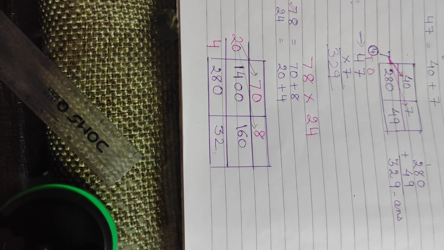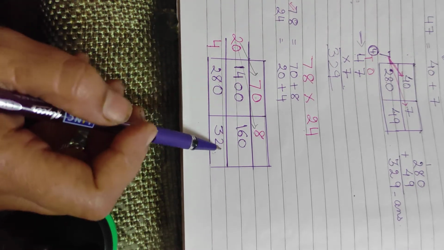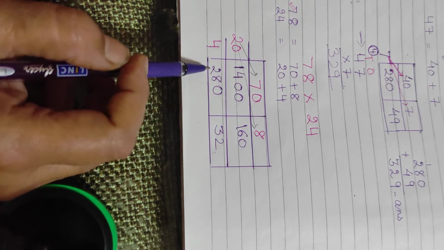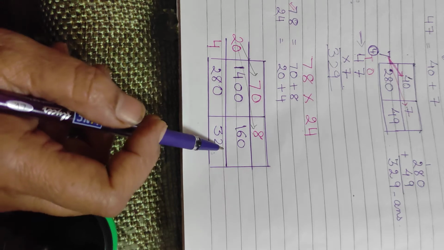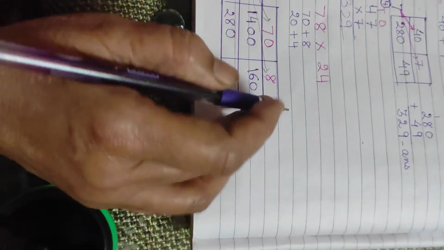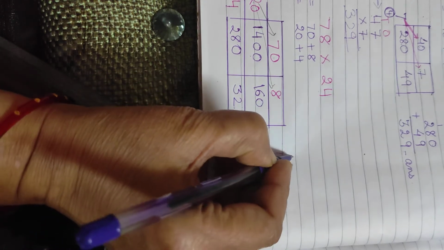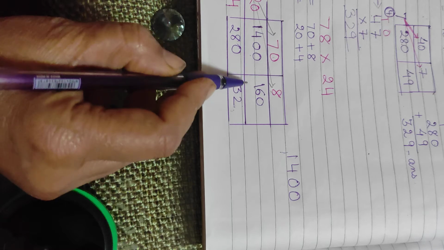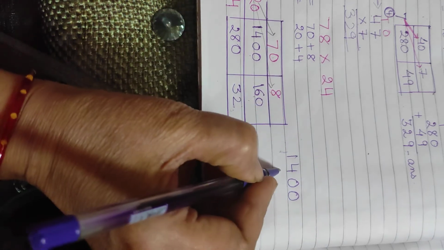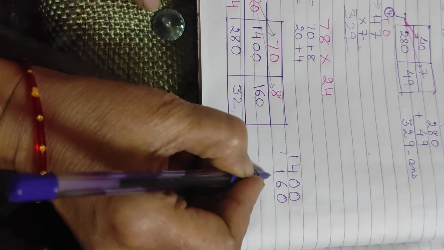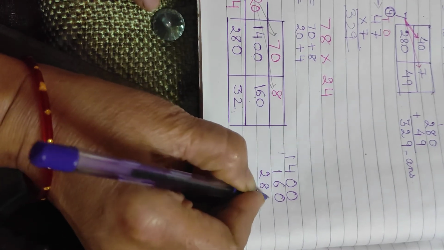We will add the numbers that are present inside the box or inside the grid. So the first number is 1400. Second number is 160. Third number is 280.